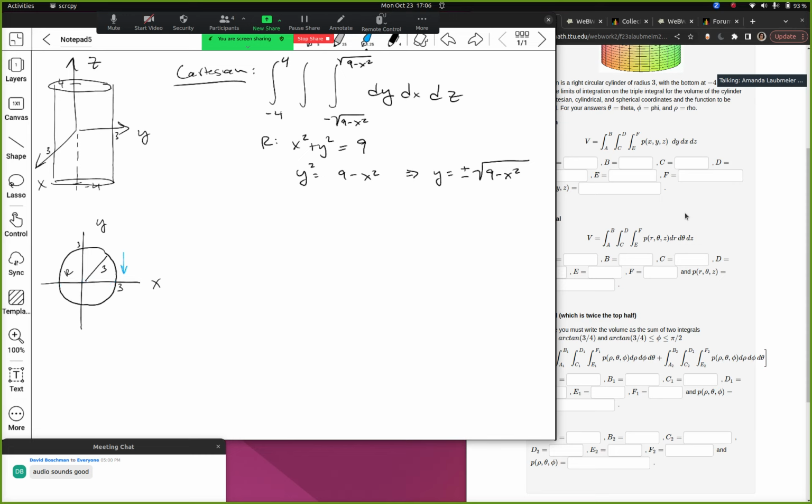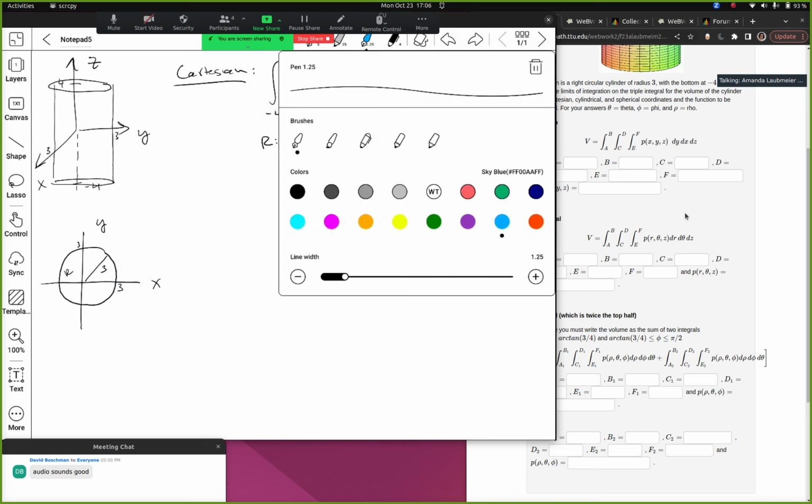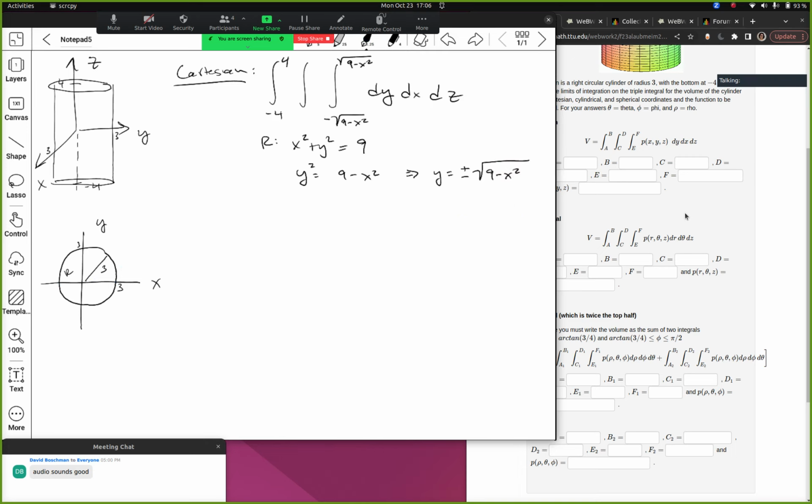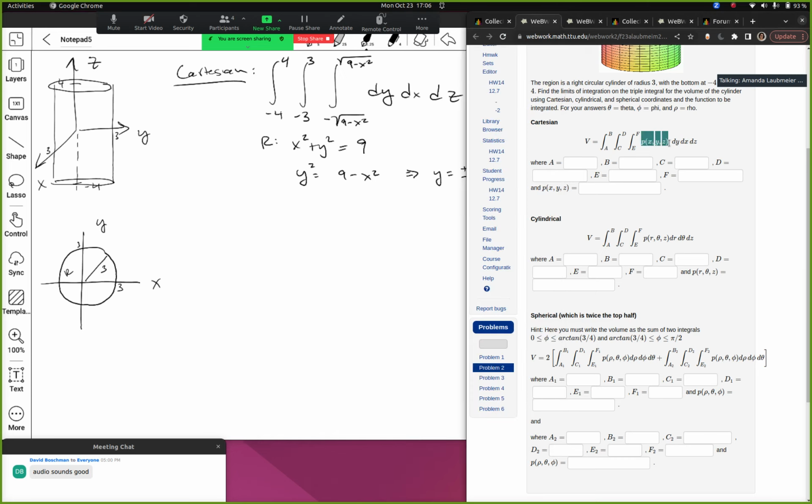For us, that's going to be taking x from negative 3 to 3, because the furthest left that x is over here at minus 3, and the furthest right that x ever is over here at positive 3. And then at that point, we've filled in the coordinates for Cartesian. That p would just be 1, because we need nothing special to create dV in Cartesian coordinates. We only need that for spherical and cylindrical.